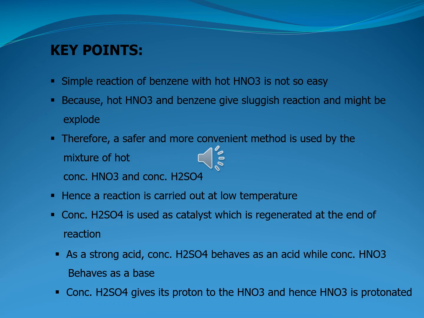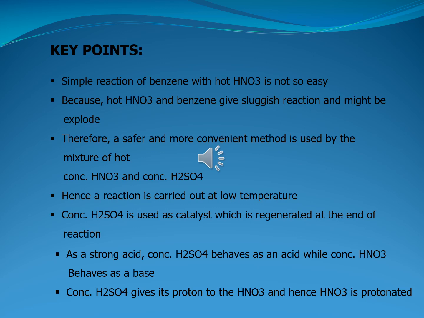Let's see the important key points which will definitely be helpful to develop the key mechanism of the nitration of the benzene molecule. The simple reaction of benzene with hot nitric acid is not so easy because hot nitric acid and benzene give sluggish reactions and might explode.